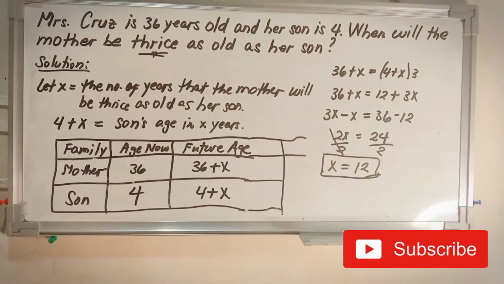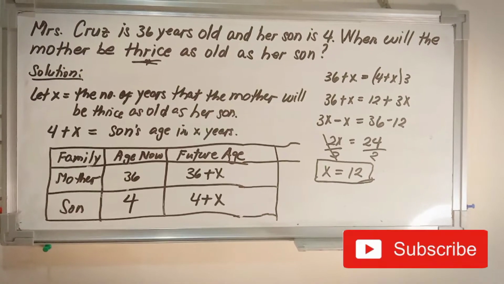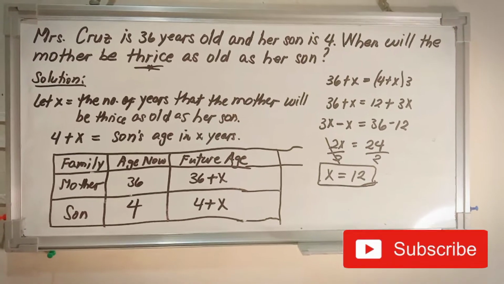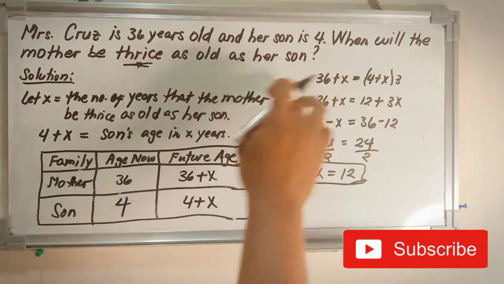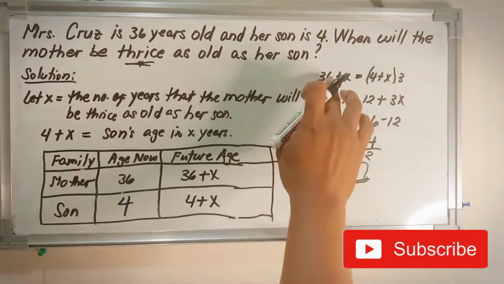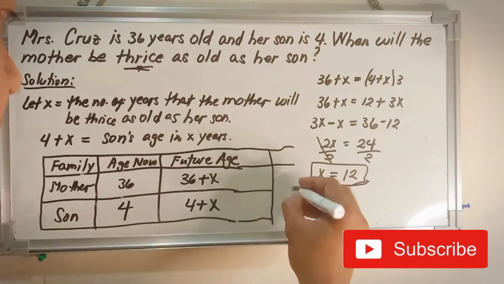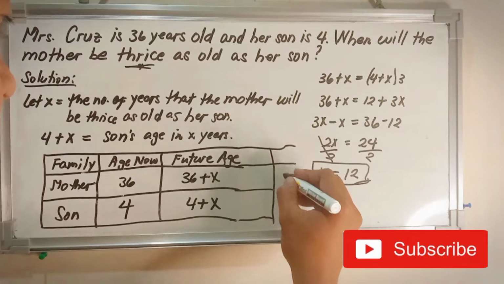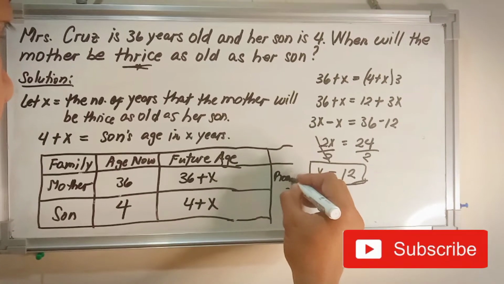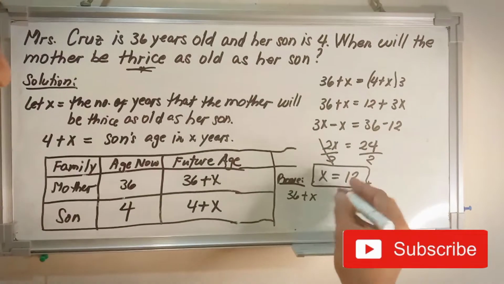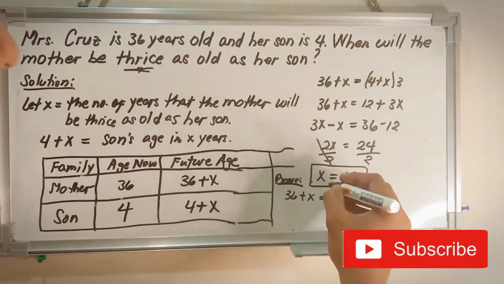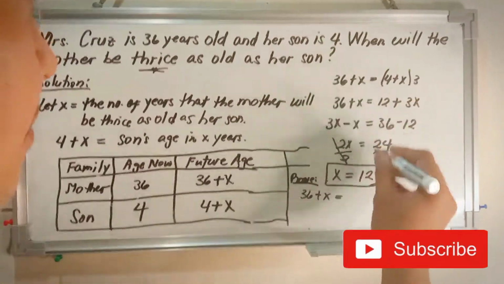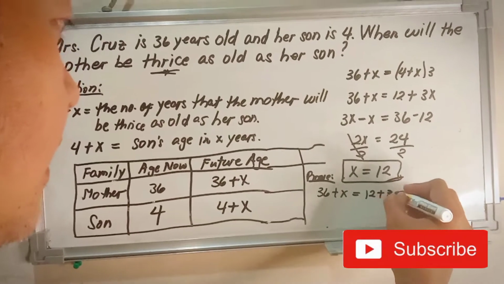Now to prove whether our computed x equal to 12 is correct, we go back to the condition: 36 plus x is equal to 12 plus 3x.